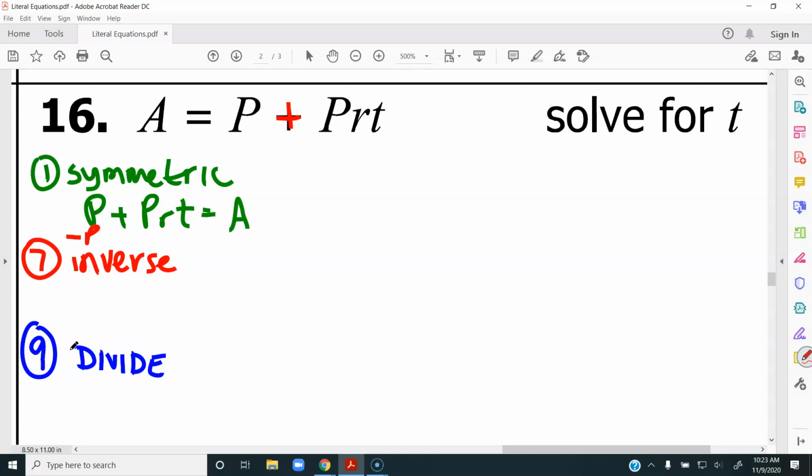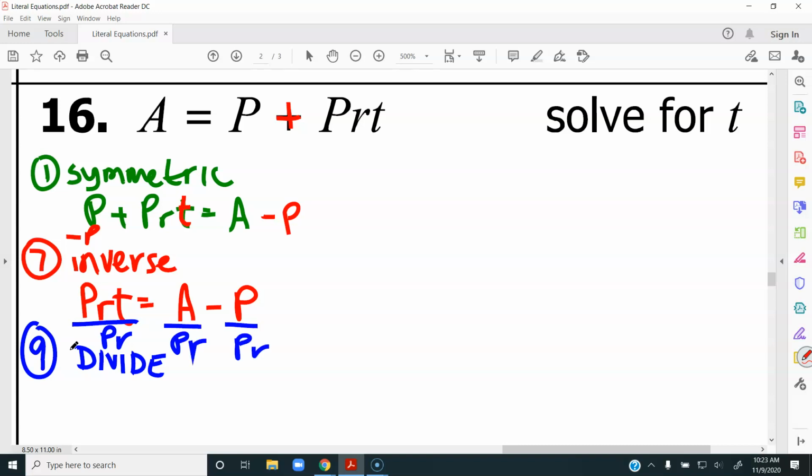Because remember, I'm solving for T. So I want to get that P out of there. So PRT is equal to A minus P. Now, dividing, I'm going to divide out the PR on both sides. Now, when I divide off the PR, I'm going to do it on both of those individually because we're going to find that one of them gets a little bit smaller.